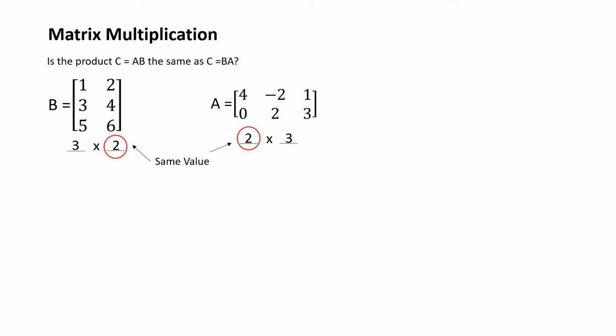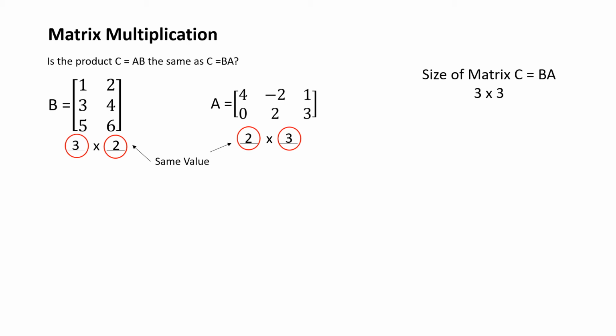We can also predict the size of matrix BA without performing any calculations by looking at the number of rows in matrix B and the number of columns in matrix A. And this tells us that the size of matrix C equals BA is 3 by 3.